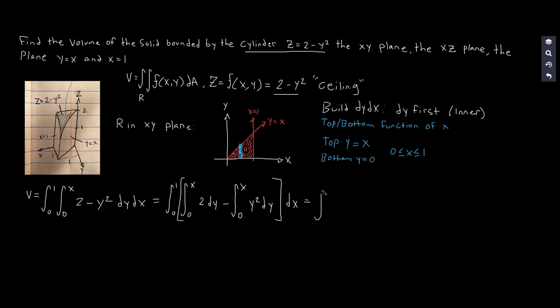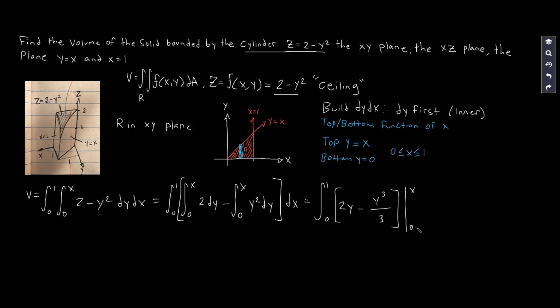And then this is going to be the integral from 0 to 1, and that's going to become 2y. So we're going to have 2y minus, by the power rule, y cubed over 3, evaluated from 0 to x. So it's going to be the integral from 0 to 1 of 2y minus y cubed over 3.